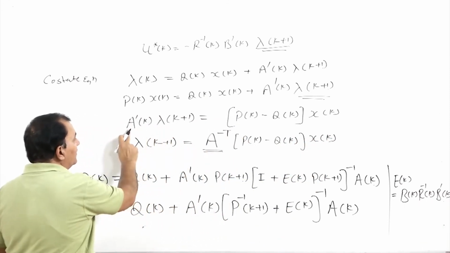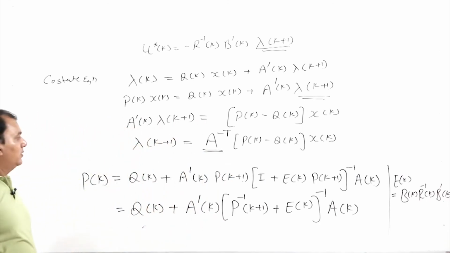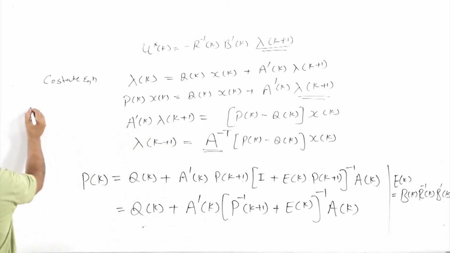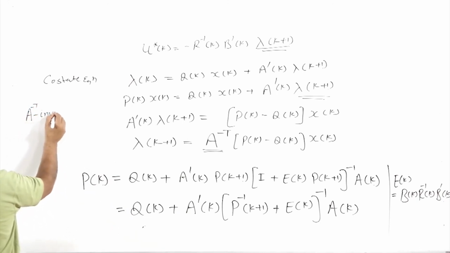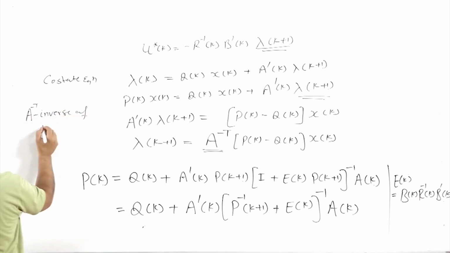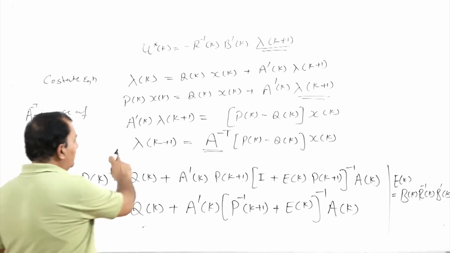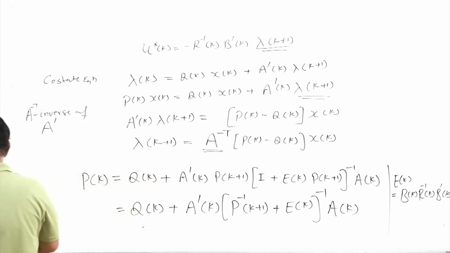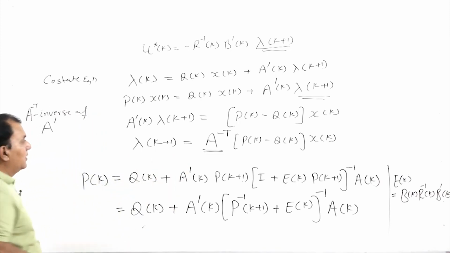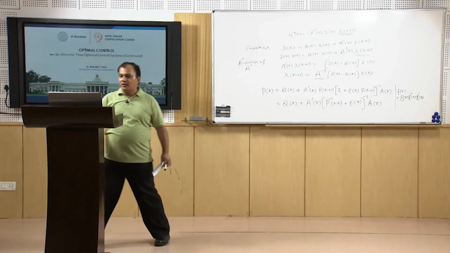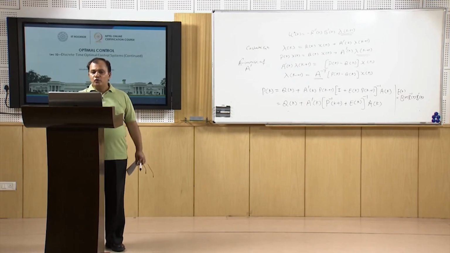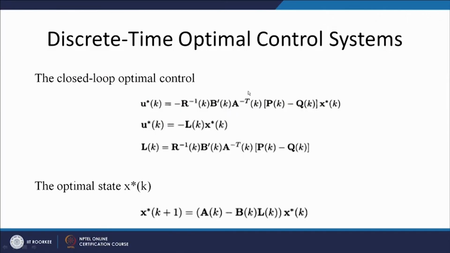This is the inverse of A transpose, the inverse of A prime. So, if this is my lambda k plus 1, I can write my U star k as R inverse B prime k, and lambda k plus 1 I am replacing with the inverse of A transpose multiplied with Pk minus Qk into Xk.